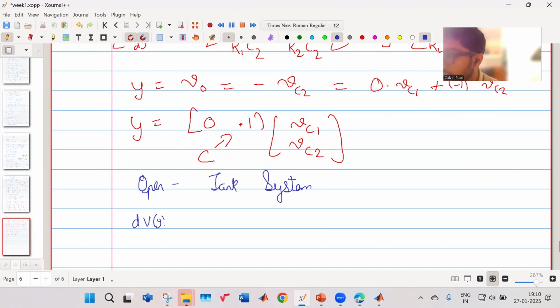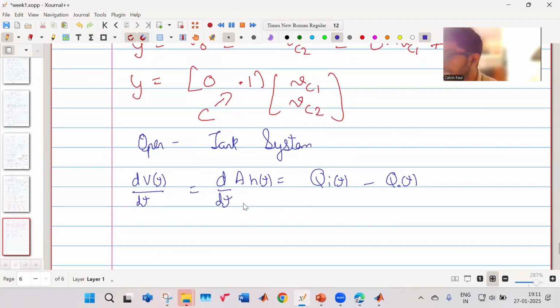The change in the volume, d/dt of area into the height, is equal to the rate of flow flowing in minus the rate of flow flowing out. Now since area is fixed, it comes out. So d/dt h of t is qi of t minus q naught of t.